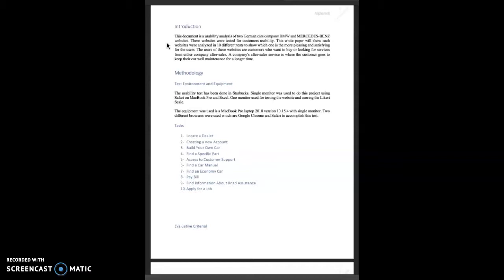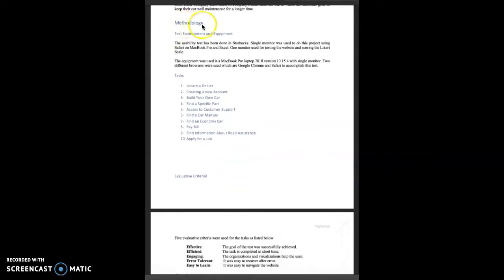This white paper will show how each website was analyzed in 10 different tests to show which one is more pleasing and satisfying for the users. The users of the websites are typically customers who want to buy or are looking for service after buying a car, after sales.